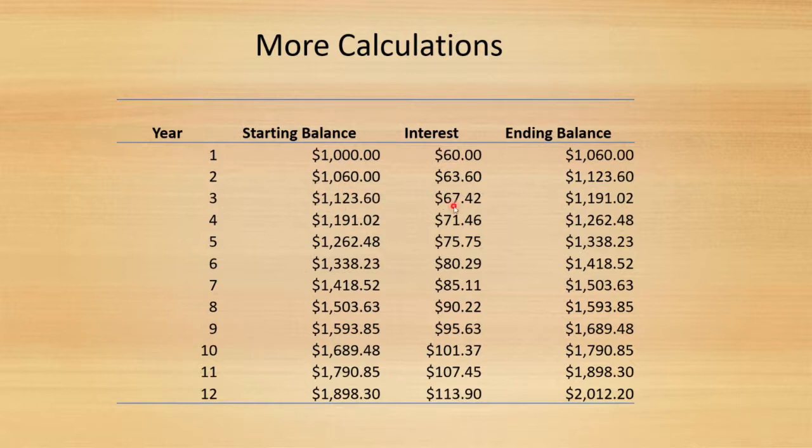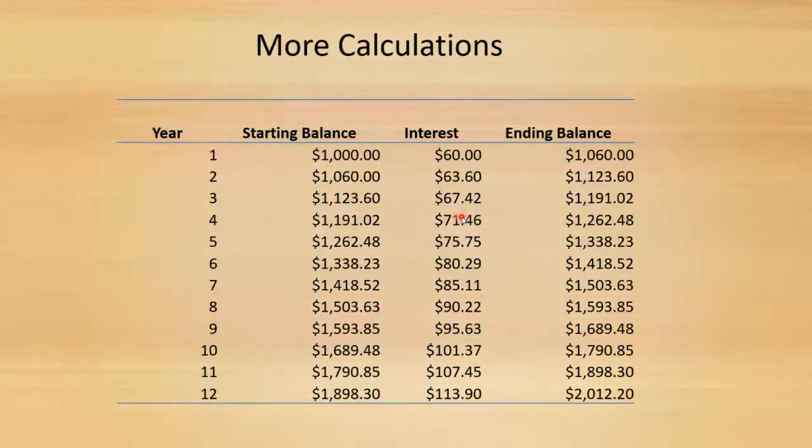Calculate interest again, which is 6% of this. Add that on. So it's still 6%? Right, that's not changing here. I mean, that's not always going to be 6%, but it's not changing here. And we keep on adding that. So basically, that's what's happening with compound interest.